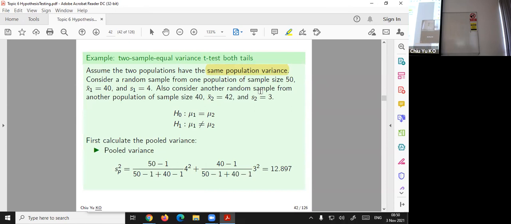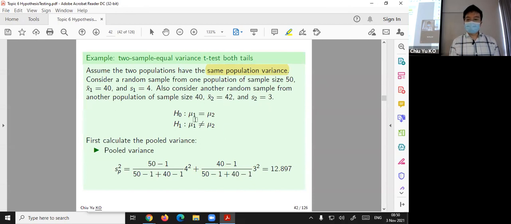The next part is you probably want to know whether they have the same mean. The sample size is 50, the sample mean is 40 and S1 is 4. And for the other one, the sample size N2 is 40.